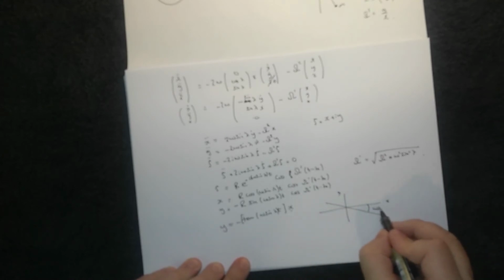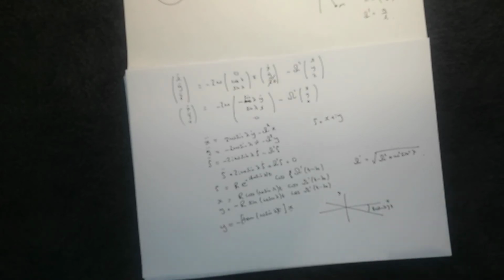If that is omega sine lambda t, then because of the minus sign, we're moving clockwise. The plane of rotation of the Foucault pendulum is moving at a constant rate.